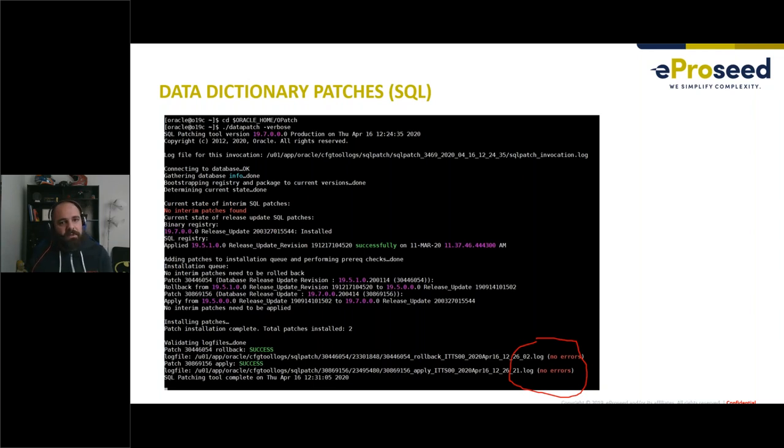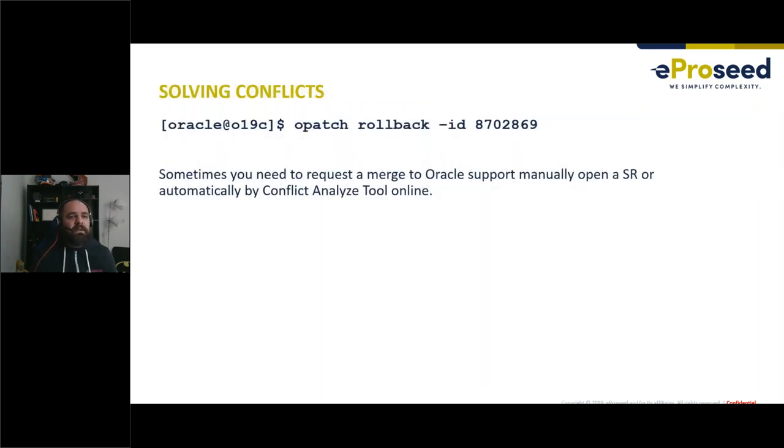If you face issues already listed by Oracle, we are good to go. If we have conflicts during a patch exercise, you can launch opatch rollback and give the ID of the patch, and in this case we will remove the patch from our Oracle Home.